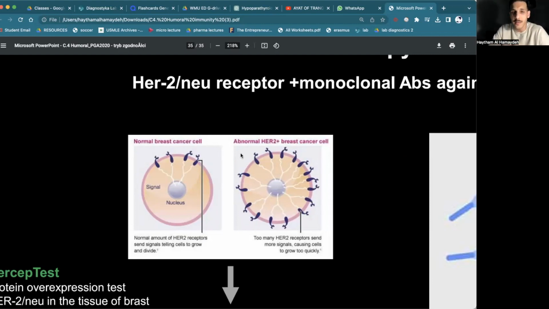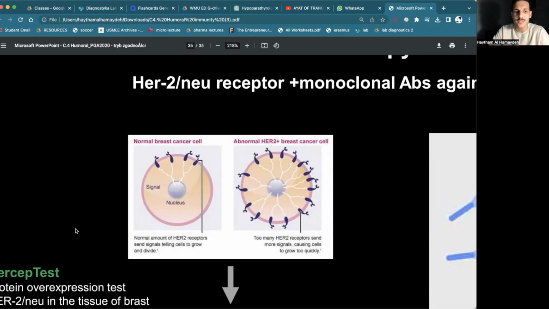In abnormal, highly cancerous cells, HER2 is overly expressed. And if it's overly expressed, it overstimulates those cells to proliferate and hence causes cancer. Okay, so how can we detect this?